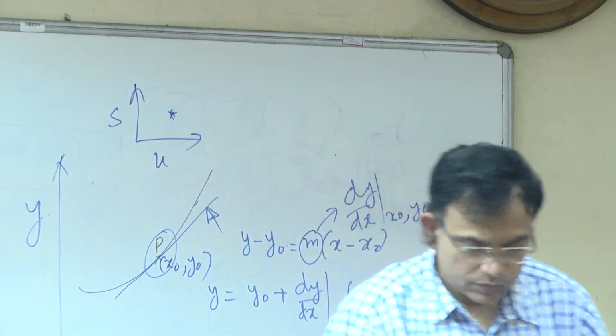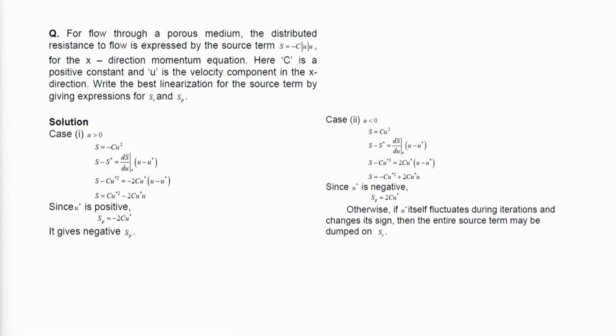Because it is mod, for any problem where you are working with mod, it is better to take two cases, one greater than 0 and one less than 0, because we all know that mod x equals x if x is greater than 0 and mod x equals minus x if x is less than 0.